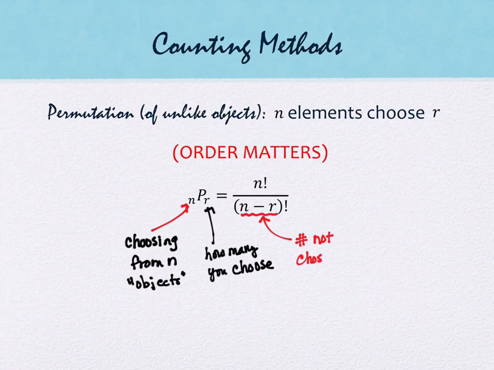And the reason that we end up dividing by that quantity is because it doesn't matter what order you pick the things you don't pick, right? They just stayed in the basket. I don't care what order I would have picked them in. They weren't chosen. It doesn't matter. And that's why they get divided out, because they are irrelevant to the counting strategy that you already had from before with the things you did choose.